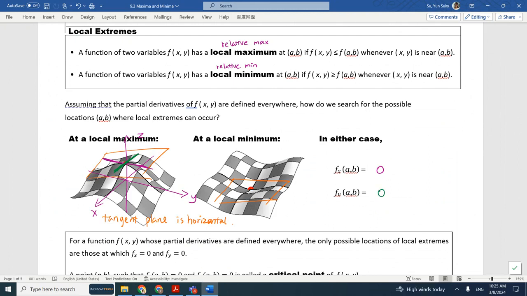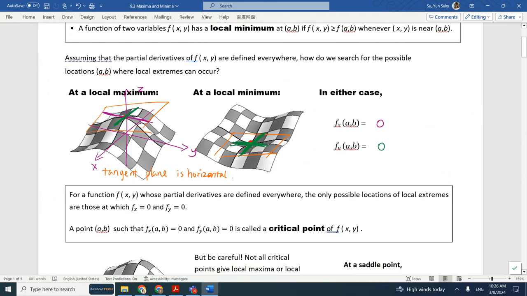So the slope is also 0. Okay? Similar happens here. For partial x, see the tangent line is horizontal, and for partial y, the tangent line is also horizontal. So this is a property we might have. Okay, partial f partial x is 0, and partial f partial y is also 0.